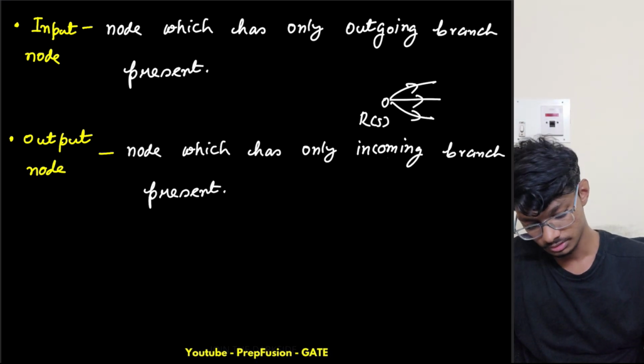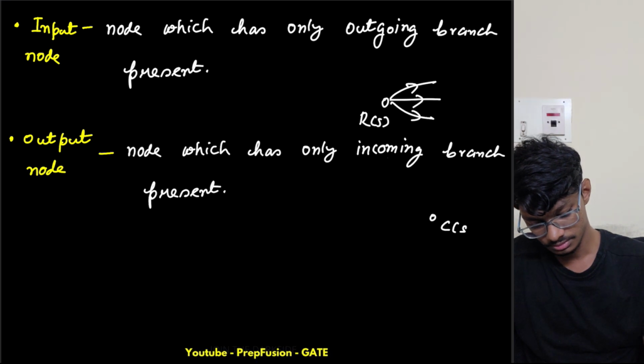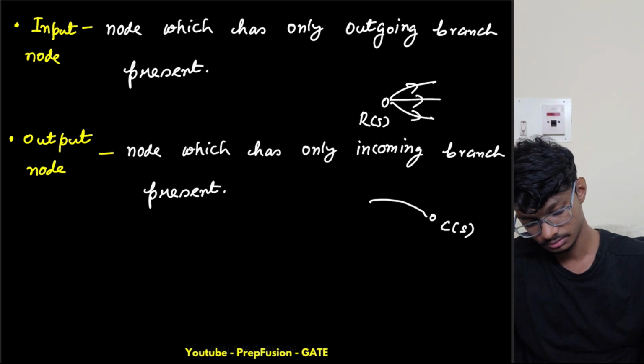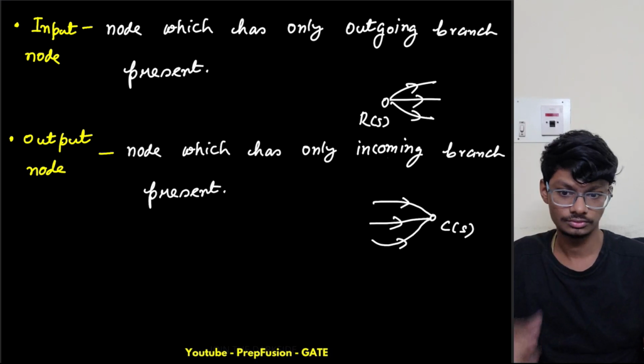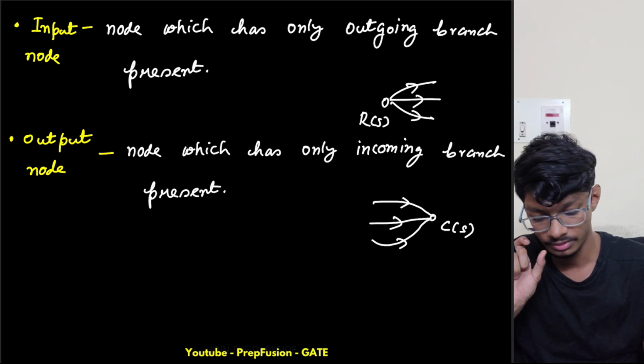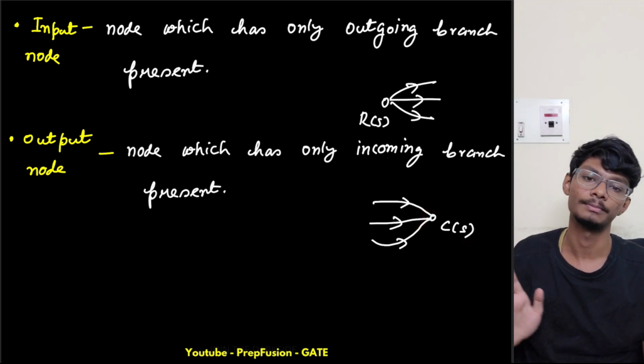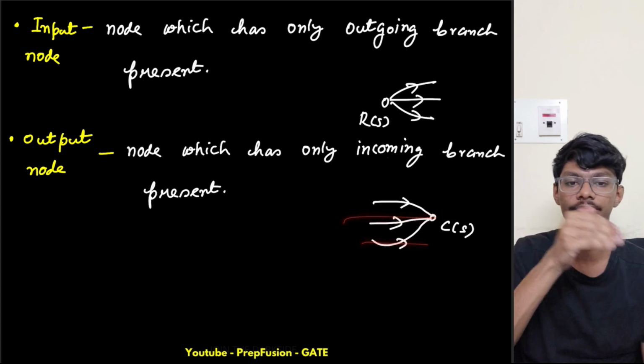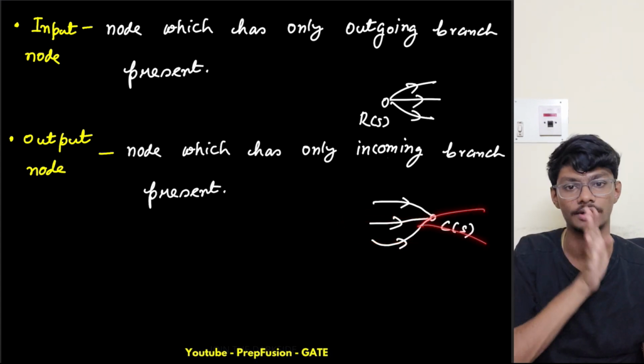What do I mean by that? I have C of S here. This will be called our output node, because every branch is incoming to that node. None of them is outgoing from it.